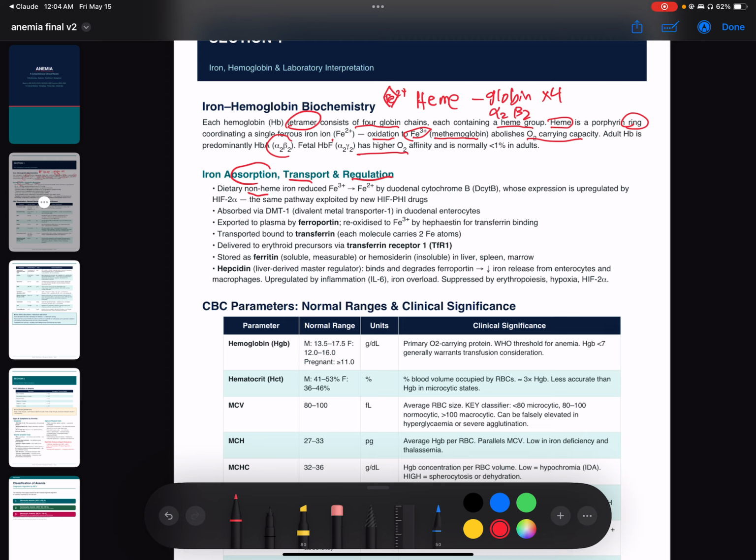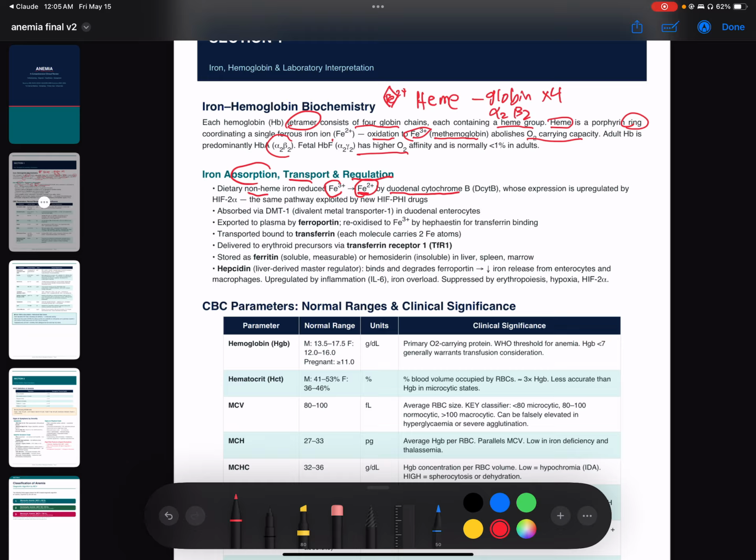And if it's not bound to a porphyrin ring, it's Fe3+. And when it goes down to the GI tract, it switches to divalent iron, Fe2+, by the duodenal cytochrome B, because the iron channel or the iron receptor is actually divalent, so it cannot absorb Fe3+, it can only absorb Fe2+.